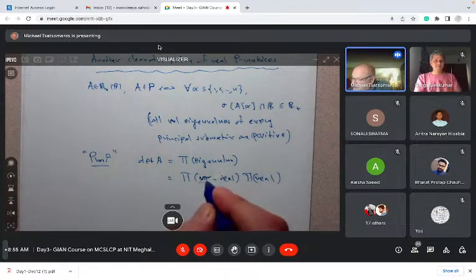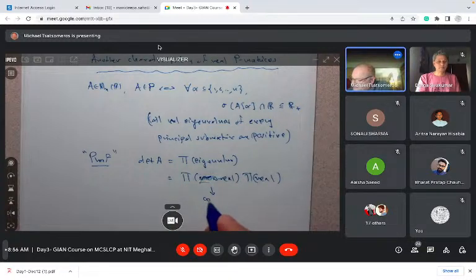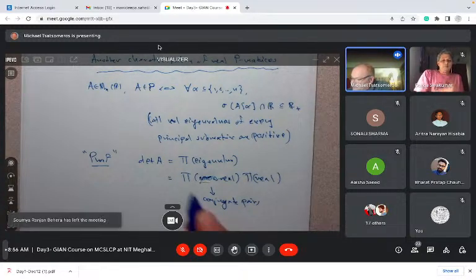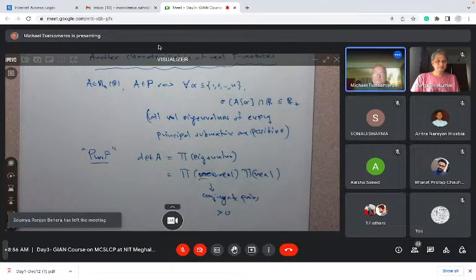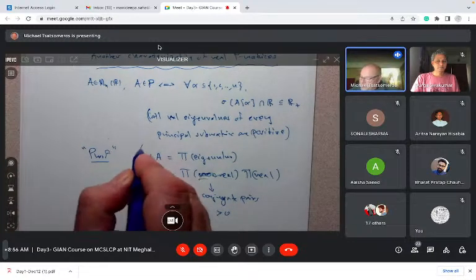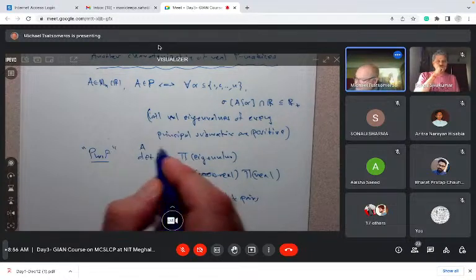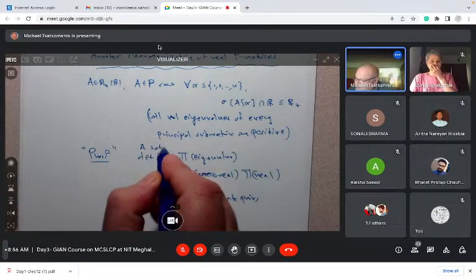The non-real eigenvalues come in conjugate pairs. So this product here is positive, right? First of all, they're non-zero. So I'm assuming that A satisfies this condition.